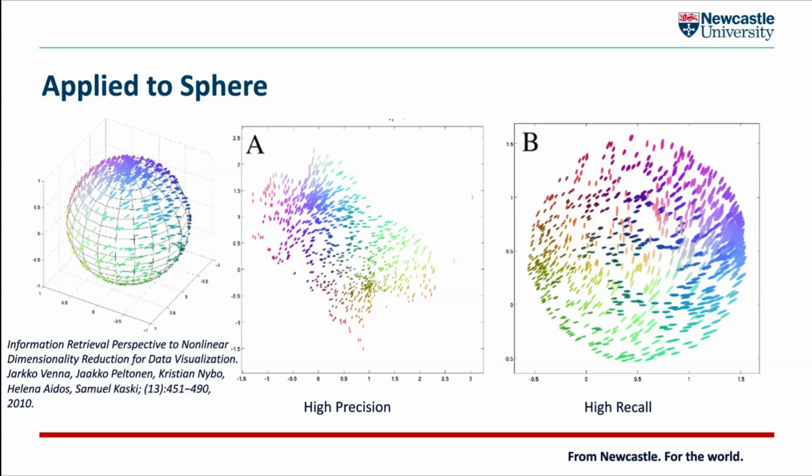But you will incur problems in terms of precision, because stuff on the opposite side of the sphere gets pushed down. So I started with dimensionality reduction, showed how it is related to graph drawing, and then started from machine learning and showed how you can do dimensionality reduction with that. So we've gone both directions.